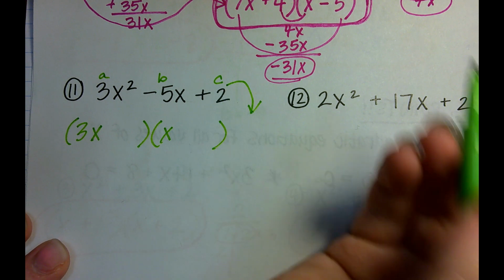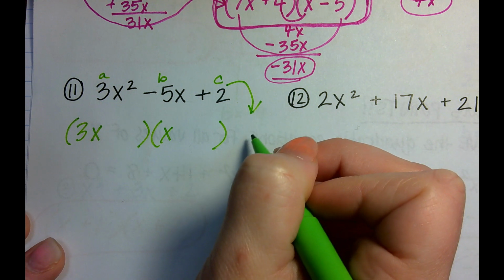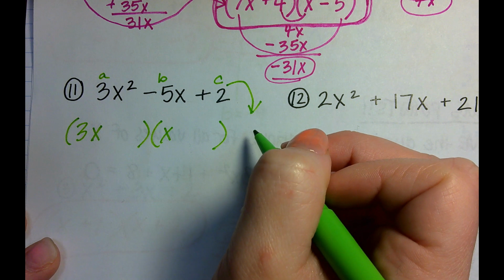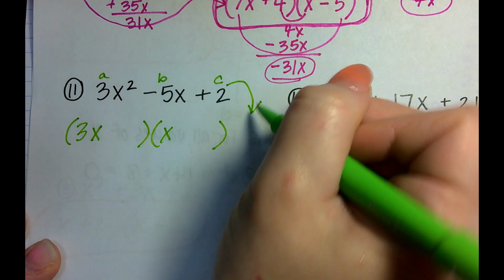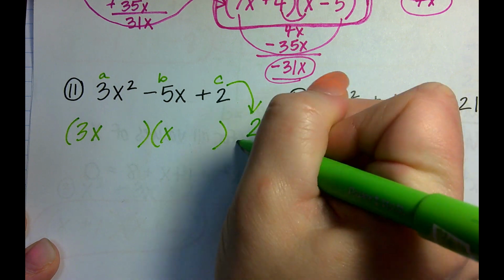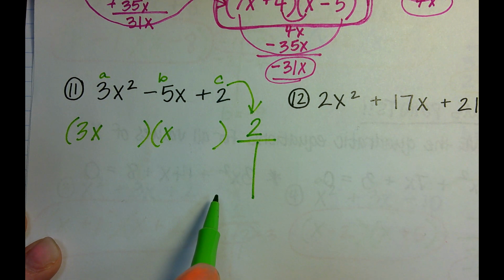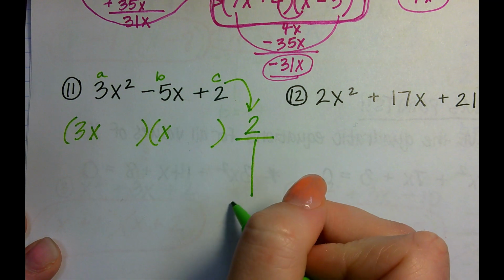Okay. So we know that it's going to be 3x and x. What do I do from there? Yes, let's find the factors of c, which is positive 2. Yes, our b is negative 5.